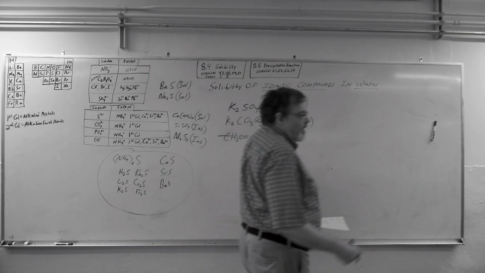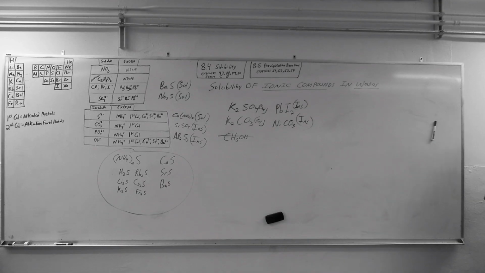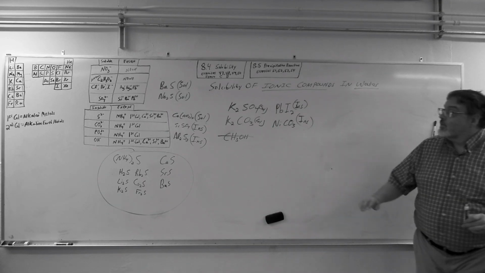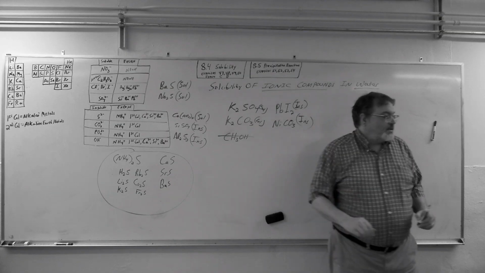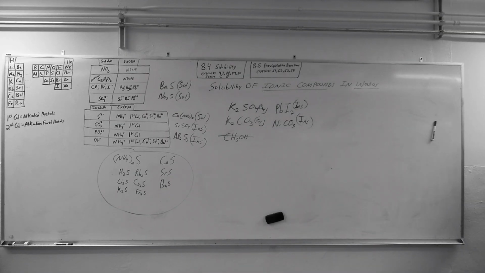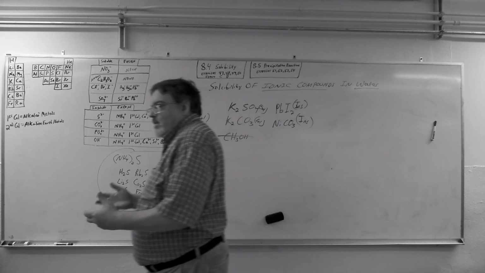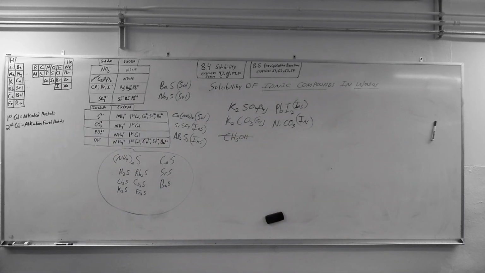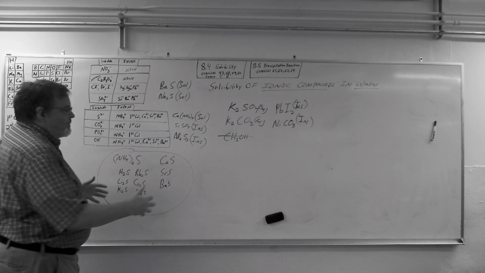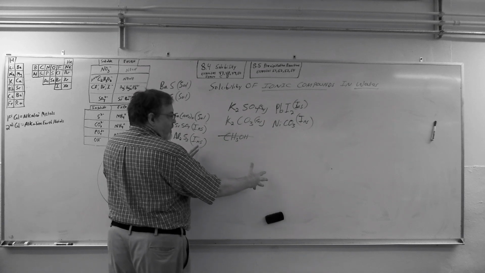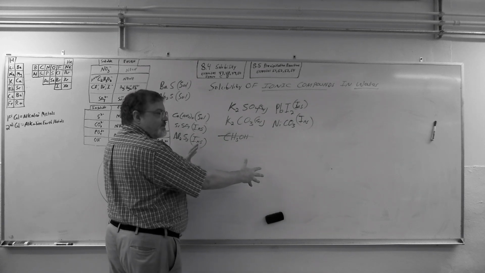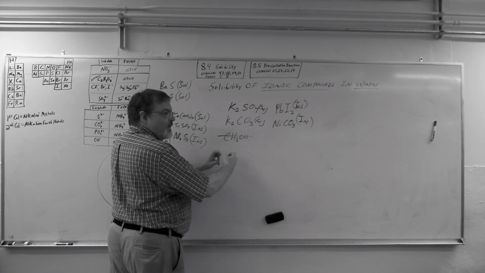But that's how you figure out what's soluble and insoluble, and that is a skill you need to have because this next section over precipitation reactions is where we're going. And to be able to work with precipitation reactions, you need to know what's soluble and what's insoluble. That example where I showed the ions in the water, and I said, but hey, this is insoluble, and they come together.